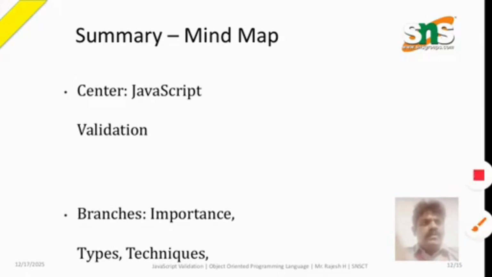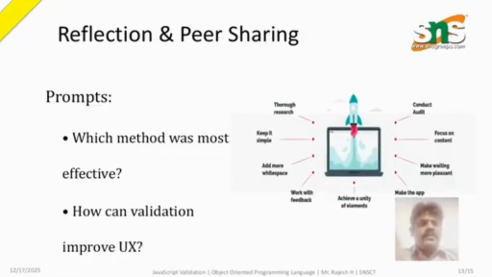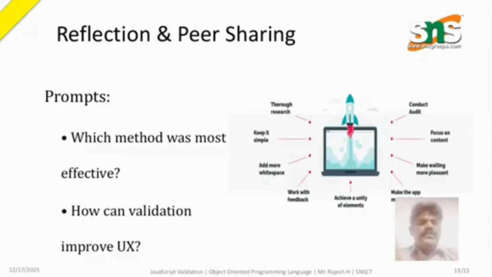And finally, the summary of this topic: with JavaScript validation, we came to know the importance, the various types of validation, and the techniques. For the assessment: which method was most effective, and how can validation improve the user experience?